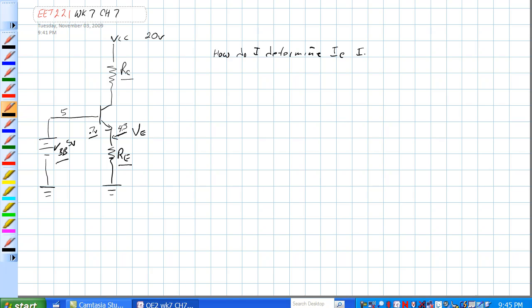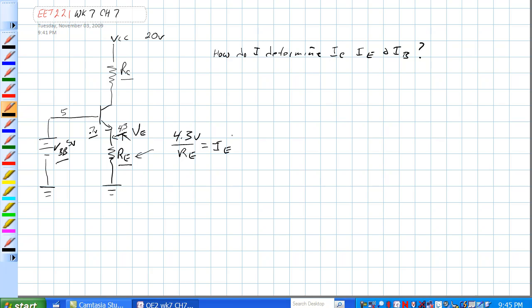IC, IE, and IB? Well, I'll tell you what, if I have 4.3 volts right here and an RE right there, then I guess I can figure out how much current is in the circuit.